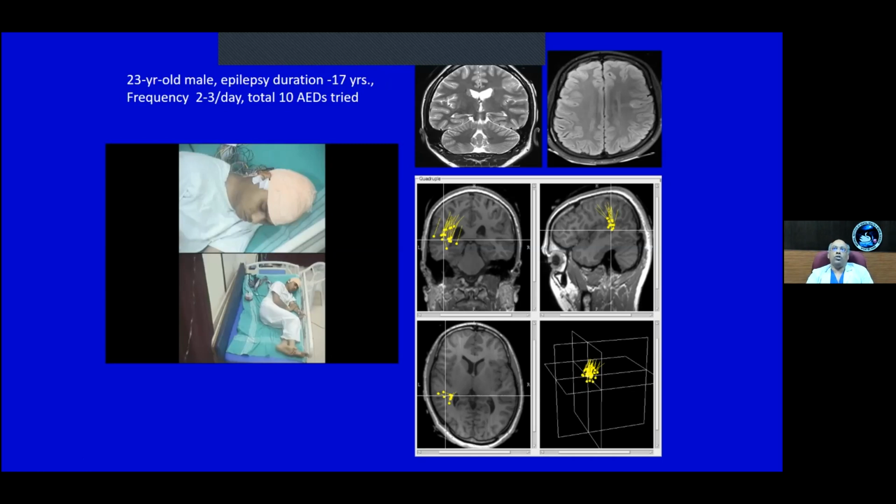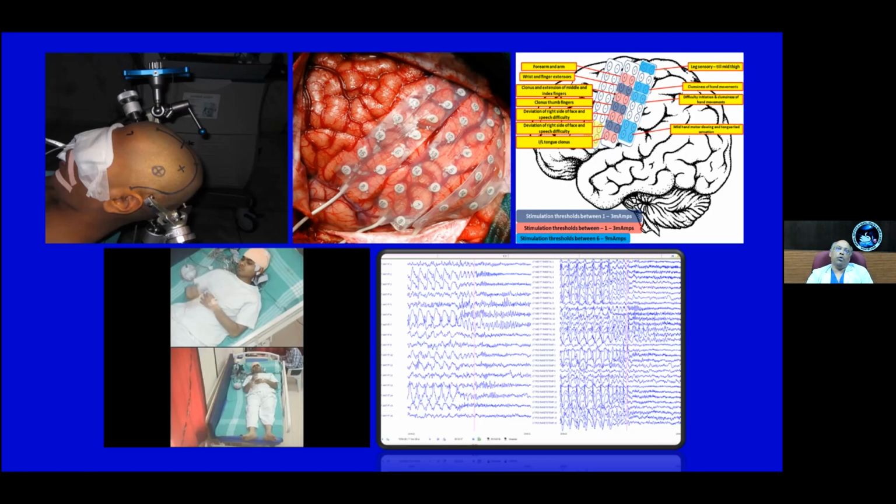So to sort out the discordance, he underwent implantation, cortical stimulation, and then actually the ictal onset was found to be corresponding to the bottom of sulcus dysplasia. So he underwent resection of the dysplastic tissue anterior to the motor cortex.